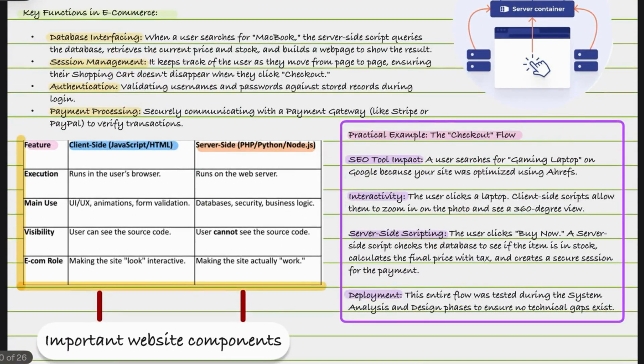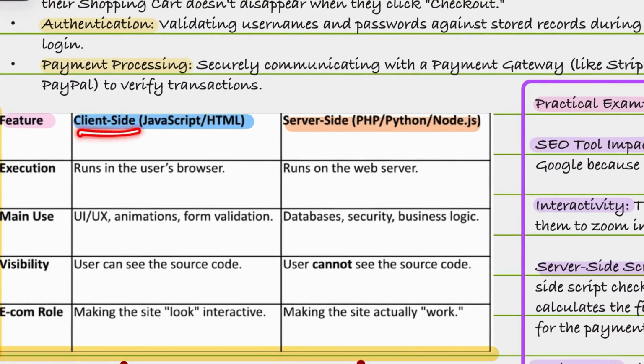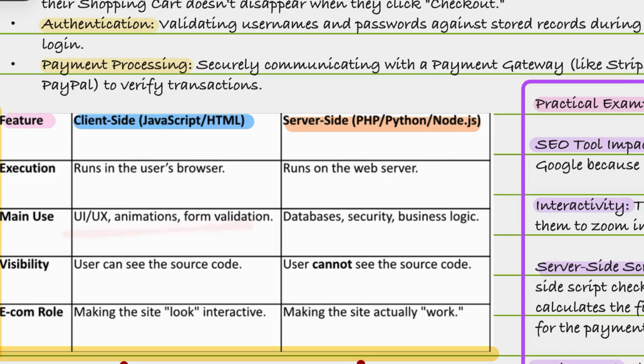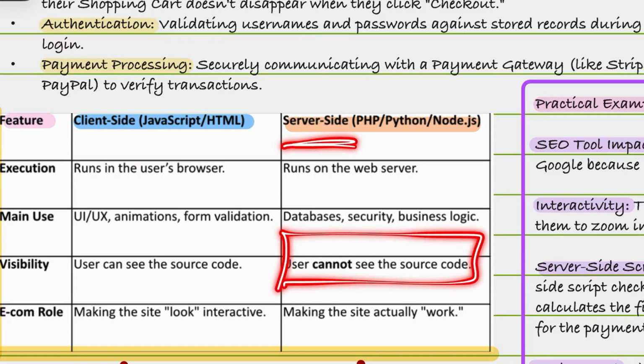So as I already discussed the difference between client side and server side, client side runs on the user's web browser. Its main uses are UI/UX animations to make everything beautiful, but for server side we are actually accessing the database, security and the business logic. So the user can see the source code of client side, but the user cannot see the source code of server side.